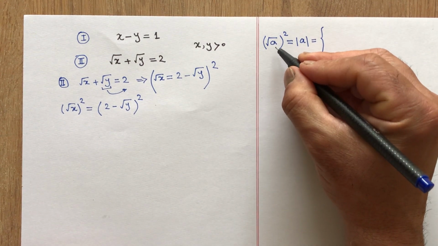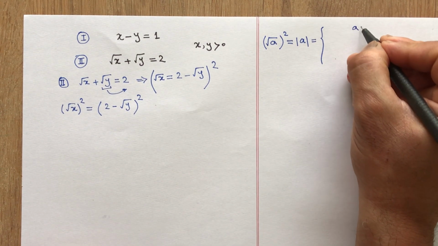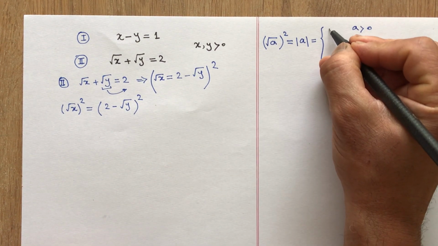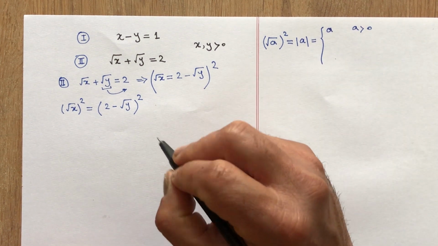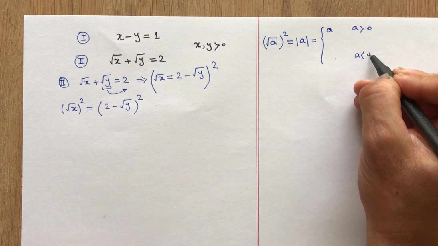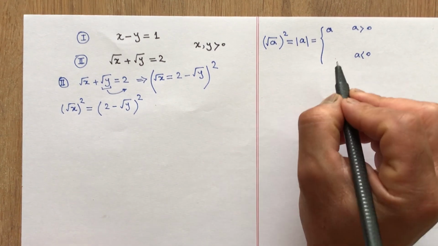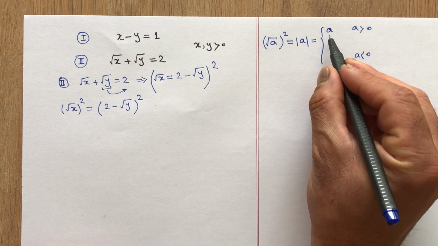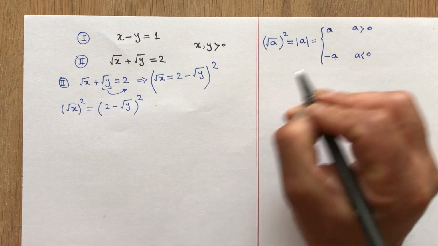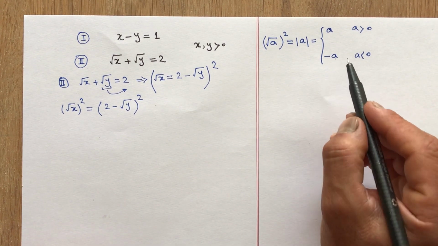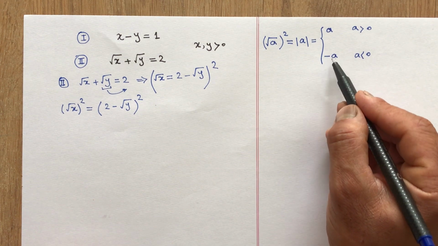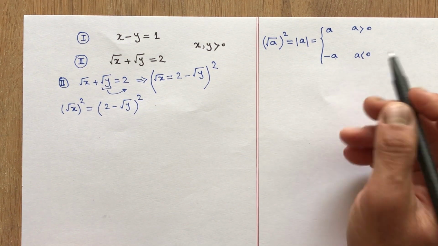If I suppose r is positive, then everything is fine, so the absolute value is simply r. But if r is negative, then we should multiply this expression by a minus sign. This guarantees that the whole term is positive, since minus times minus is plus. So this is the answer.